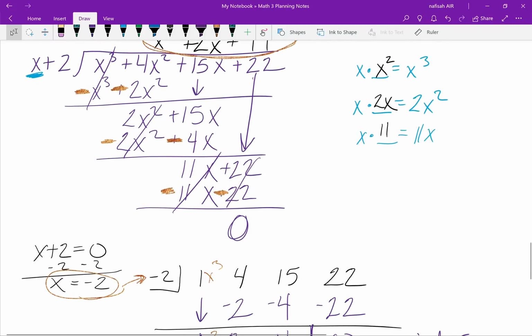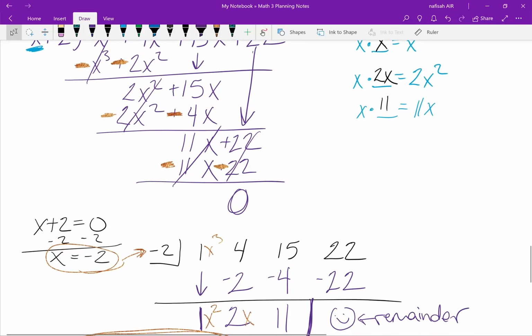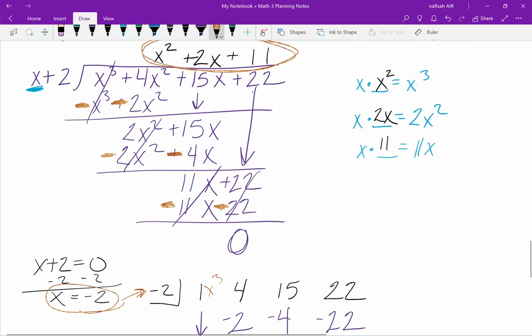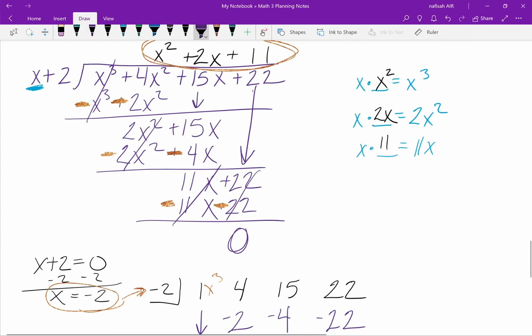You'll also notice that the numbers I wrote on the second line, the -2, the -4, the -22, are here. -2, -4, -22.